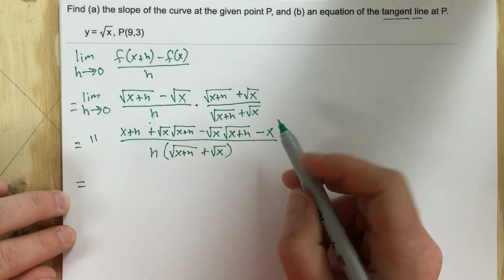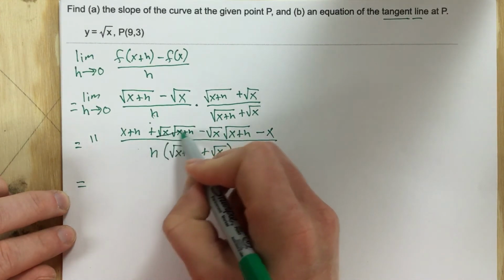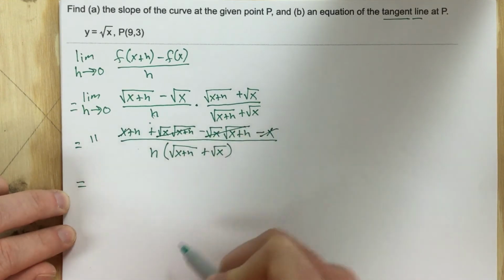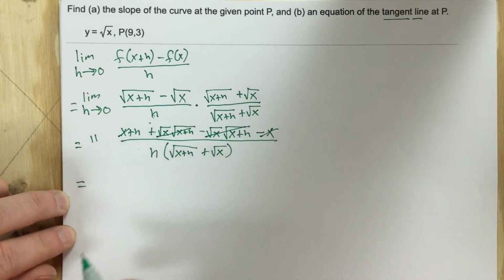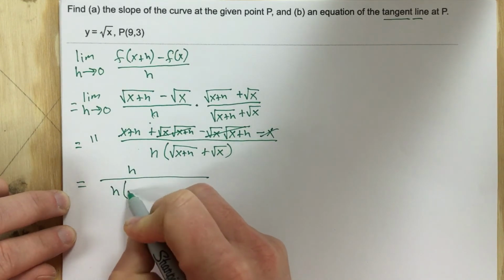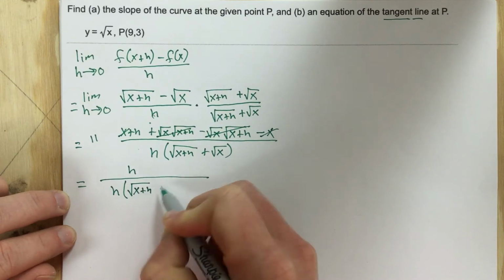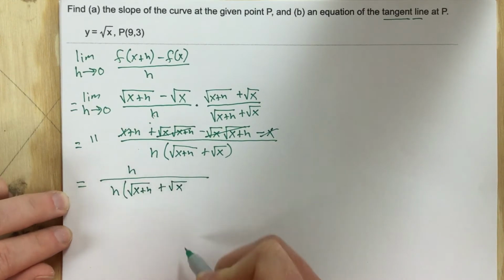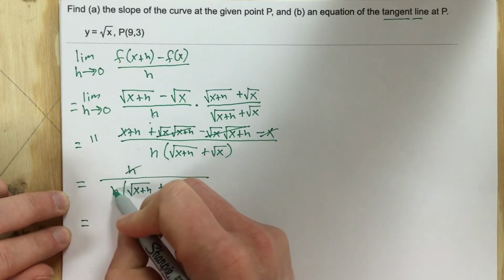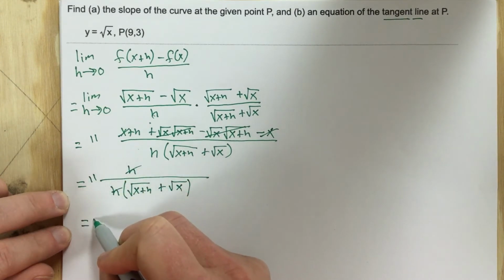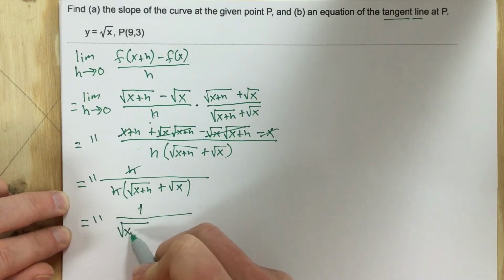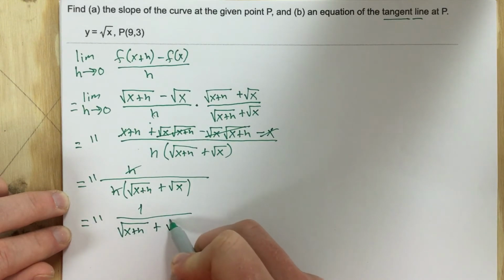My goal is to cancel h anyway, so there's no reason to distribute or anything like that. Let's start to cancel here. We can cancel this term with this term, the x with the x, and all that's left on top is h. So we end up with h over h times root x plus h plus root x. Now you can see that the h's cancel, leaving you with a 1 on top. So ditto here, and this is 1 over now root x plus h plus root x.